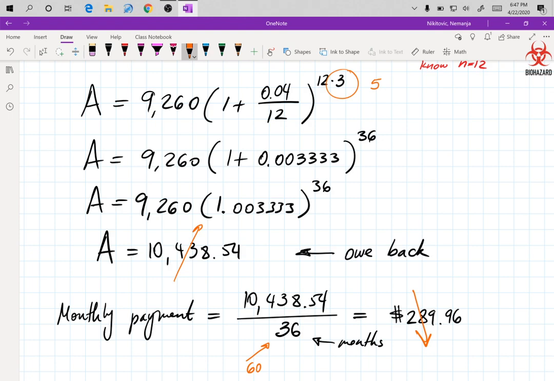That $900 will, over time, get out of your pocket into this payment plan. But now when I divide that by 60, your payment goes down to $188.44 a month. So they're able to knock off $100 off of your monthly payment, if you are willing to, instead of paying back 3 years, to pay back 5 years.